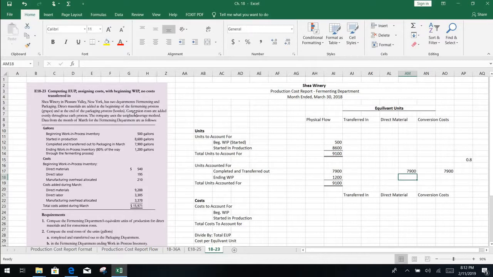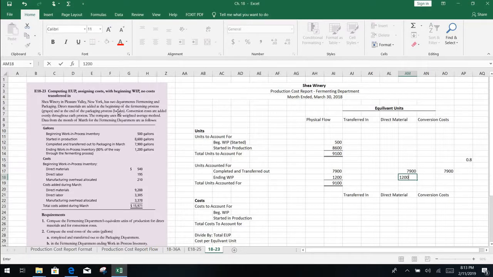However, they will tell you in the problem, direct materials are added at the beginning of the fermenting process. So we know the direct materials for that ending work in process were added at the beginning, so all of them are there. So that's 1,200.